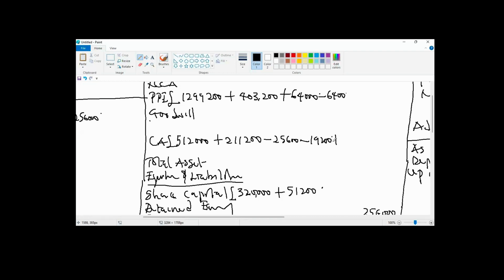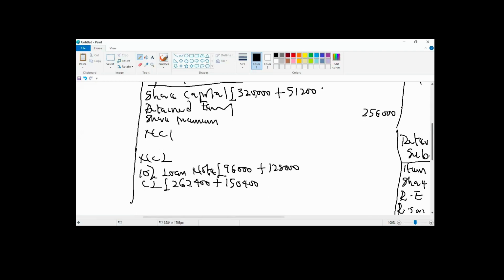Debit. They did not split, they just gave me current assets. Trade payable, minus. The difference between 19.2 and 6.4 is 12.8. That's all.